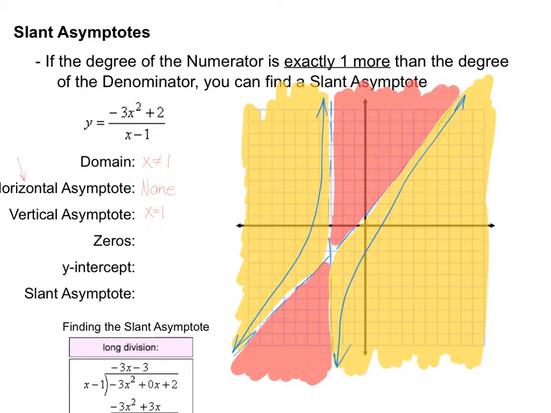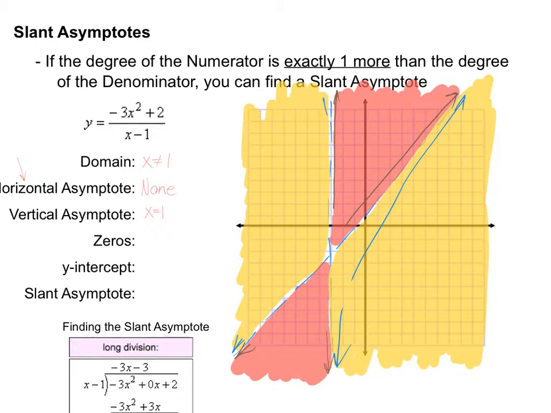The asymptotes just aren't perpendicular to each other. Or inside here, it might be a real skinny one, approaching the vertical asymptote, and then coming over here approaching the slant asymptote. So you have different possibilities for what this might look like. This is why we find the rest of these features, so we can figure out which 2 parts it's going to be graphed in.